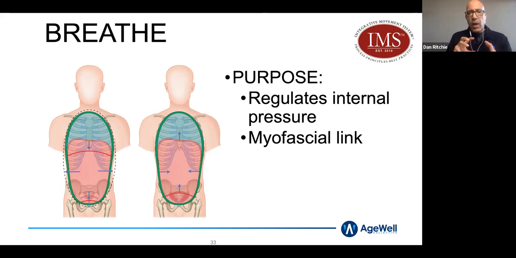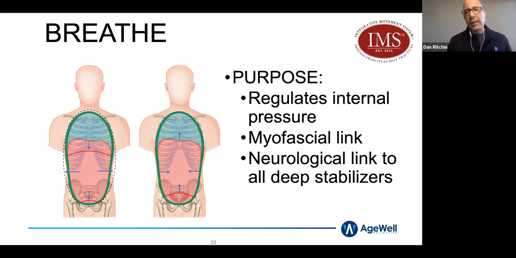It creates a myofascial link between the diaphragm, which is myofascially connected to the transversus abdominis, to the psoas, to the multifidi, and all the deep erectors of the spine. The psoas myofascially connects down to the pelvic floor. There also is a neurological link to all the deep stabilizers of the deep neck flexors, the tongue, the shoulders, the rotator cuff of the hip, the deep stabilizers of the foot.